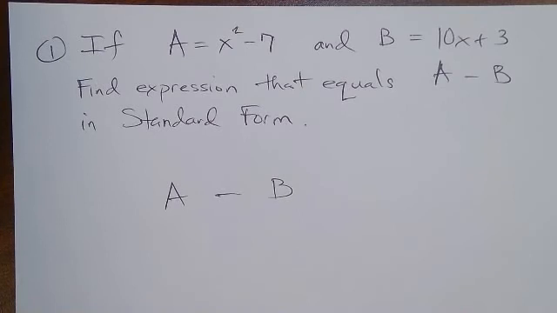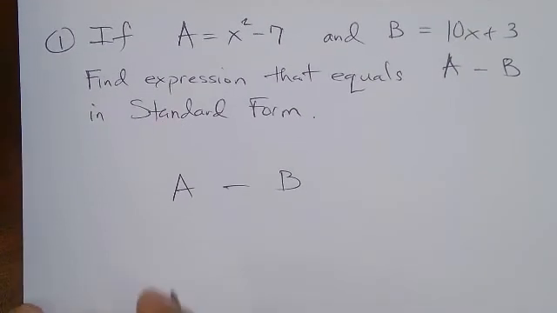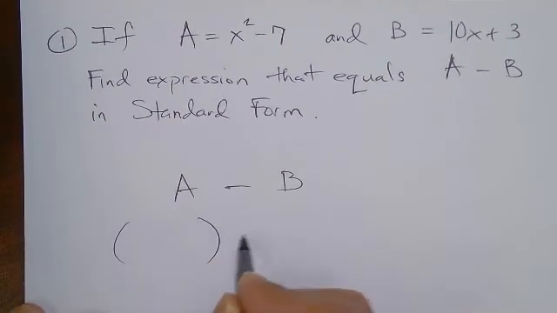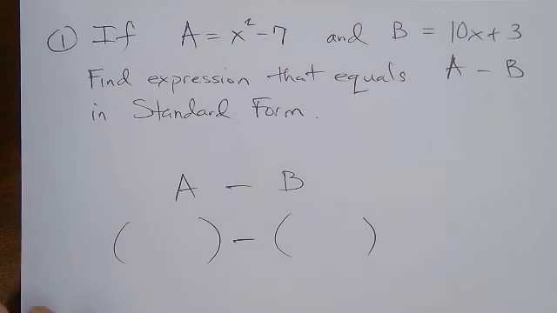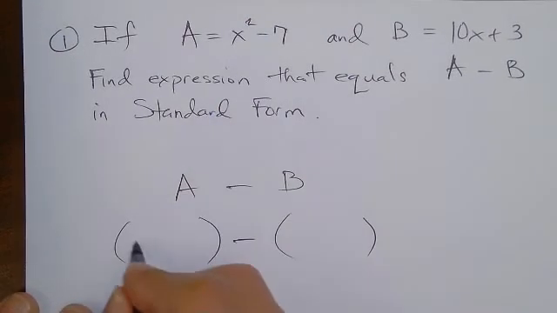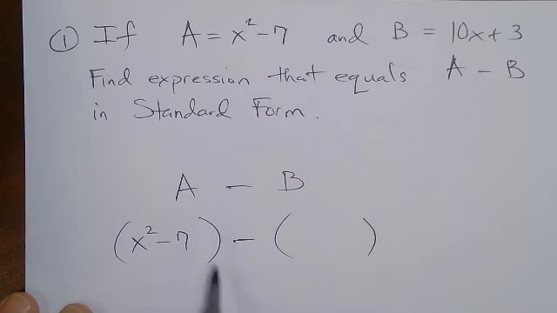Whatever the polynomial a, subtract b. Sometimes it'll be add, sometimes it'll be subtract. It happens to be subtract. So I have to get whatever polynomial a is and then subtract whatever polynomial b is.